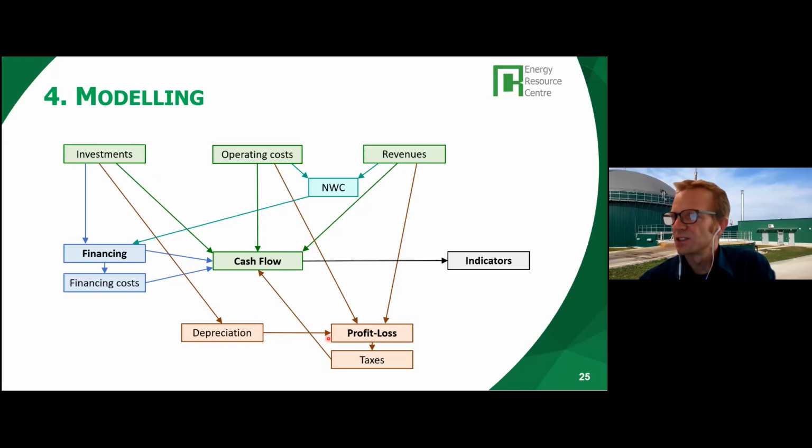And you use that together with operating costs and revenue to determine the profit and loss account during each year of the project's lifetime, that you can use for calculating the amount of tax that may be due, depending on the profits made. And that again can be used in the cash flow.